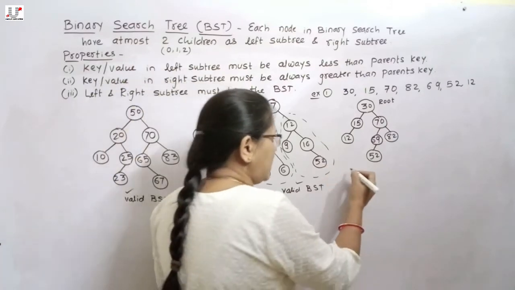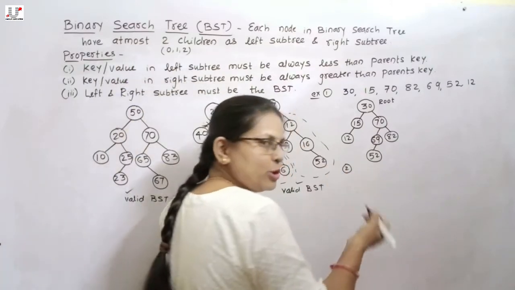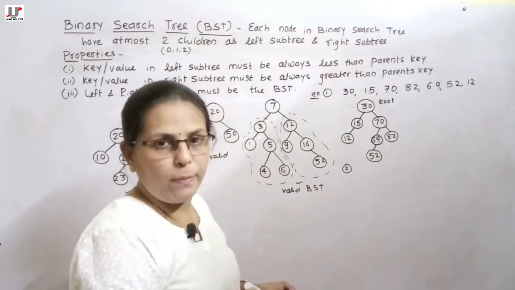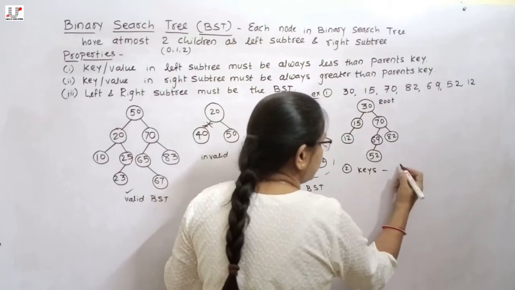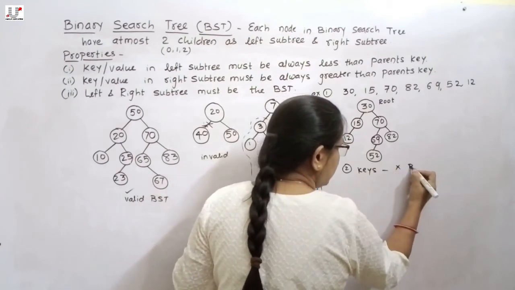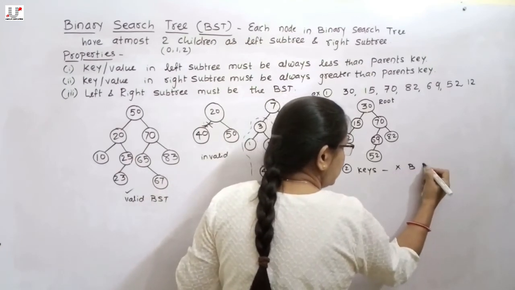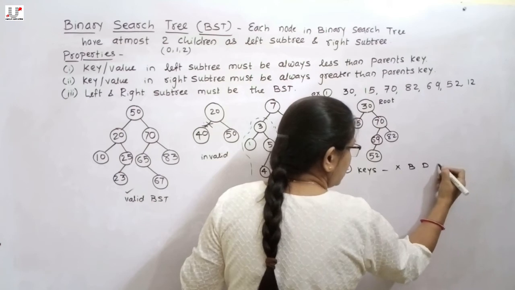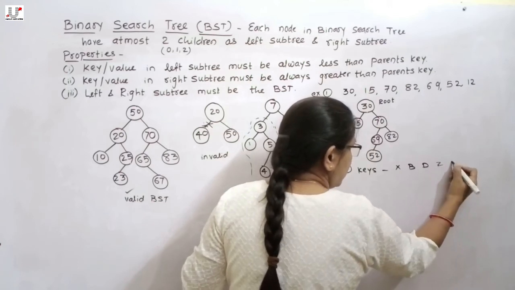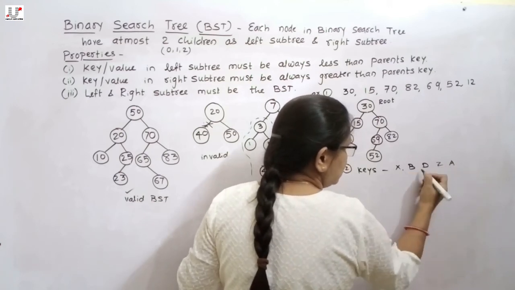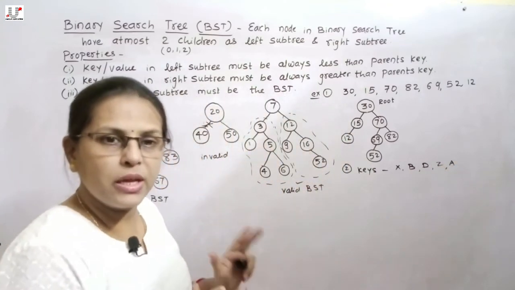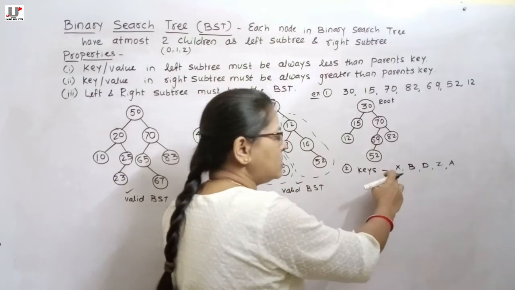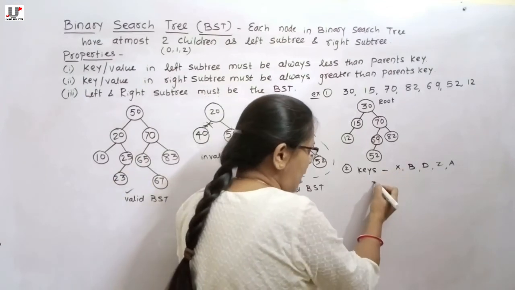Then in the next example, we can also insert alphabets. The keys are X, B, D, Z, A. As initially the binary search tree is empty, consider the first key element as the root.